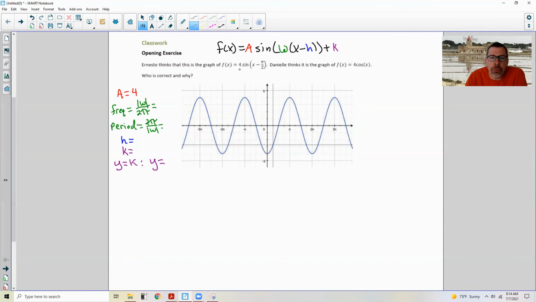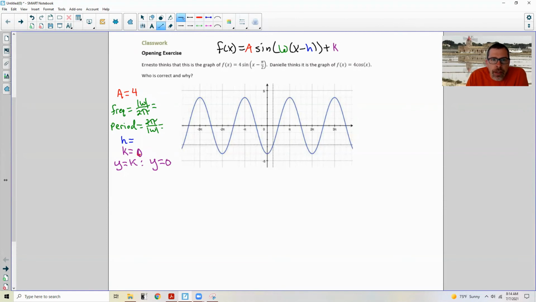All right, so I'm looking at Ernesto's graph first. So for starters, A is 4. There is no k. Let's start with k. K equals 0. Therefore, the equation of the midline is y equals 0. So it didn't change.